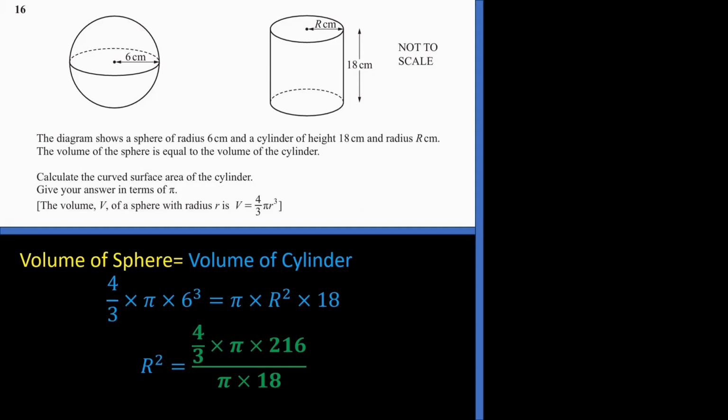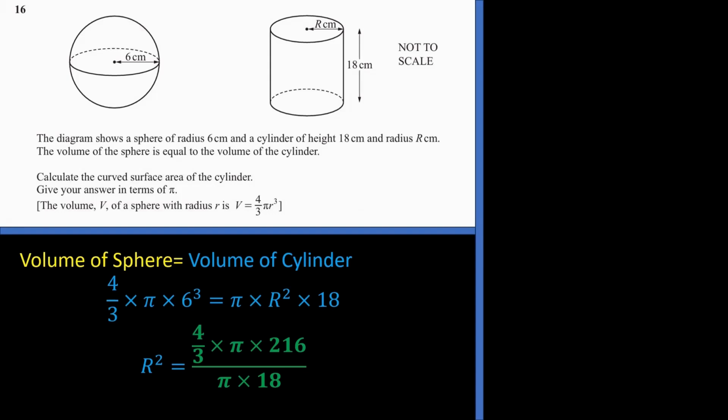The volume of a sphere is given as 4/3 pi r cubed. And here the radius of the sphere is 6. So when we plug in that into the formula, we get 4/3 times pi times 6 cubed. That's the left-hand side of that equation.